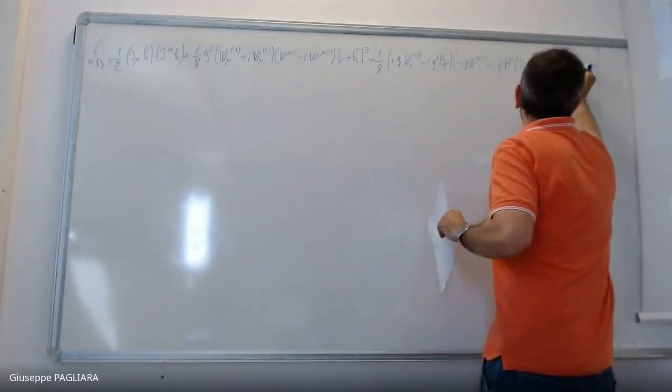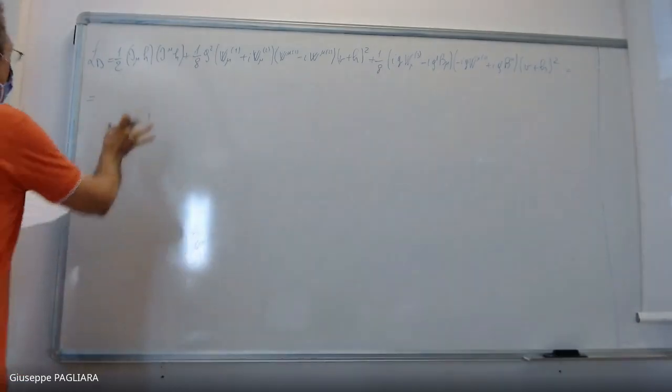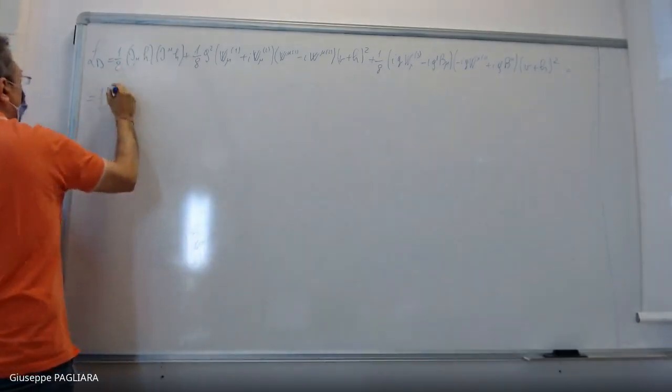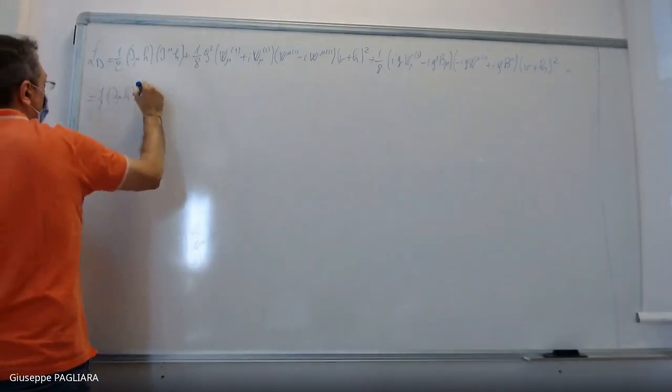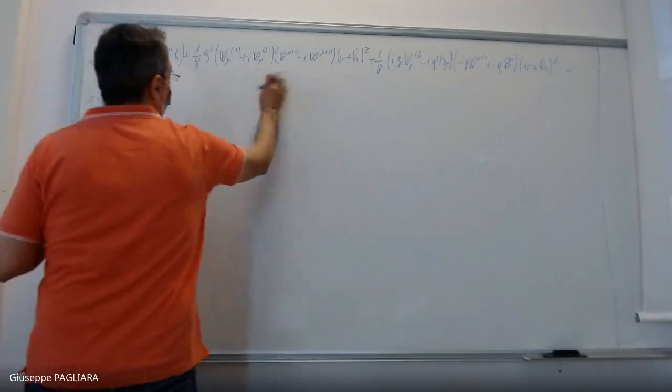Okay. A bit more algebra. So the first piece remains 1/2 ∂_μ h ∂^μ h. Now let's make the problem here explicit.